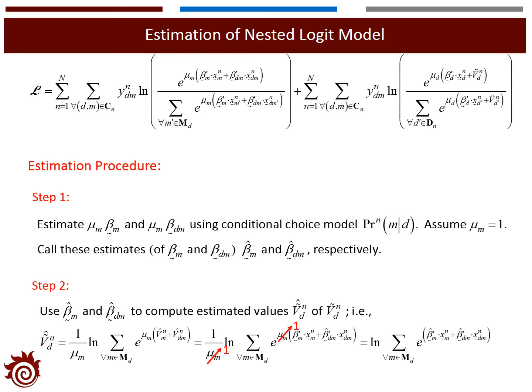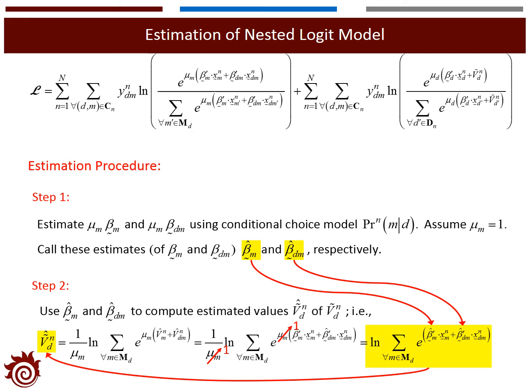In this estimation, we assume that mu m is 1, that comes from the first step, and also we already captured the estimated values of beta m hat and beta dm hat. Then we will have the estimated log sum term.